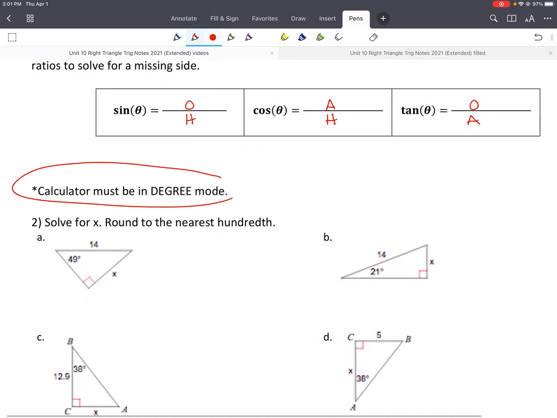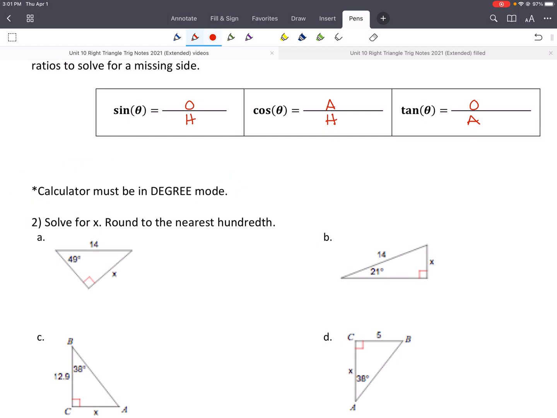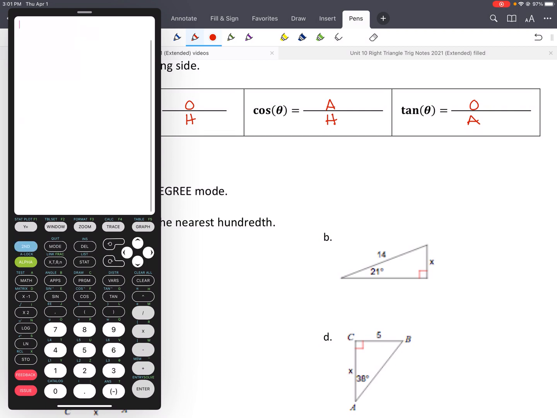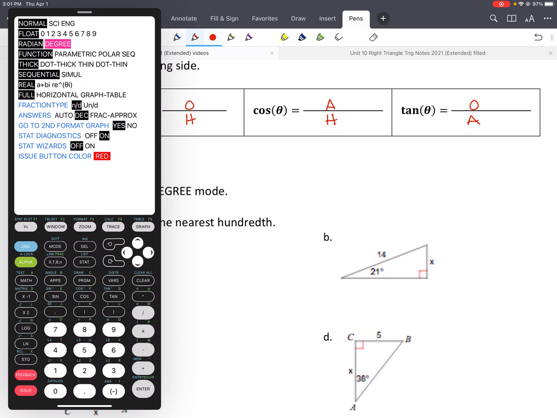Okay? So let's see what we can come up with. Again, please make sure that your calculator is set up in degree mode. For a TI, let me pull that up. I'll show that again from the last video in case you missed it. If you're on your main screen, you want to click on mode.